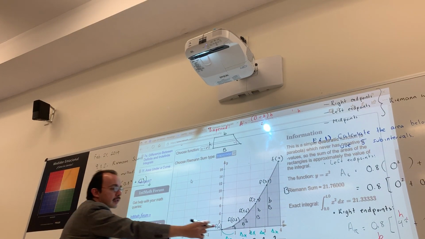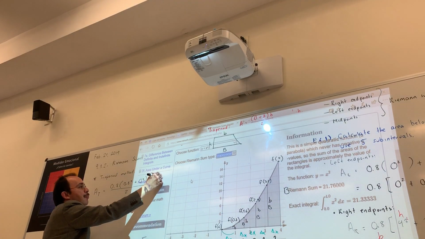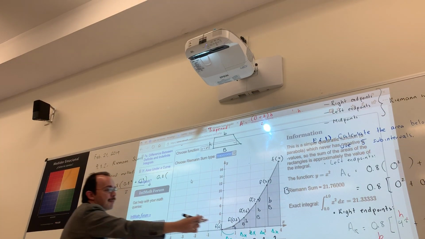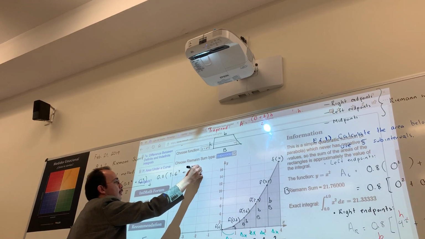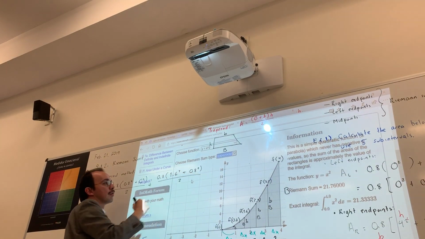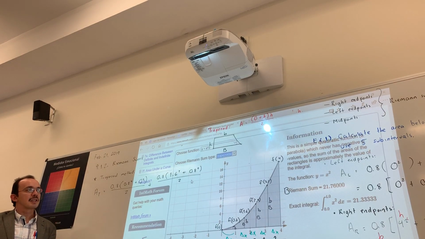Plus, that's the first trapezoid. The second one, 0.8 times the big base, which is 1.6 to the square, plus 0.8 to the square over 2. Because it's x squared.